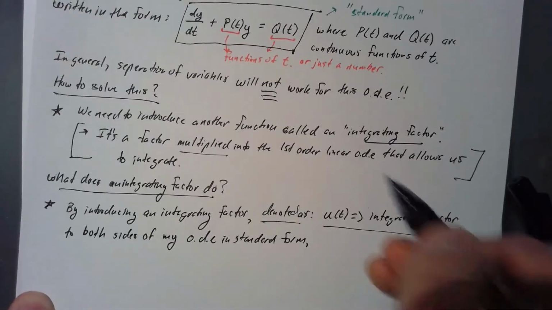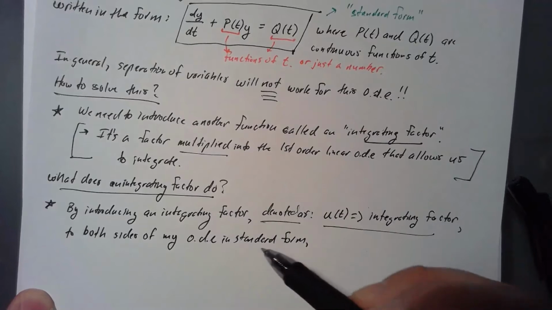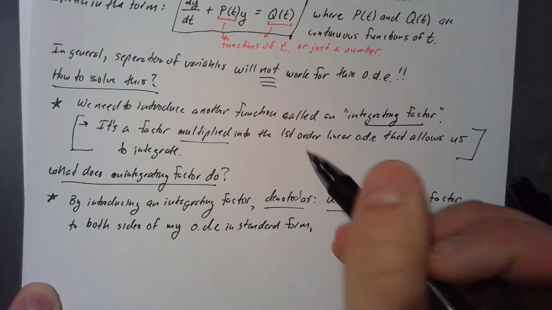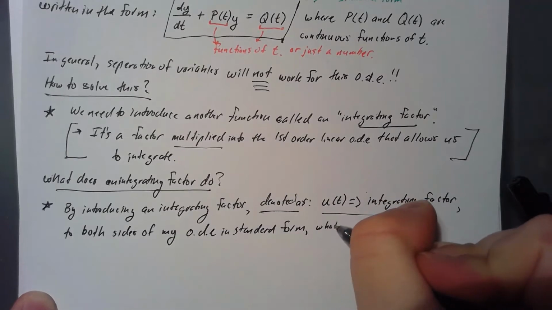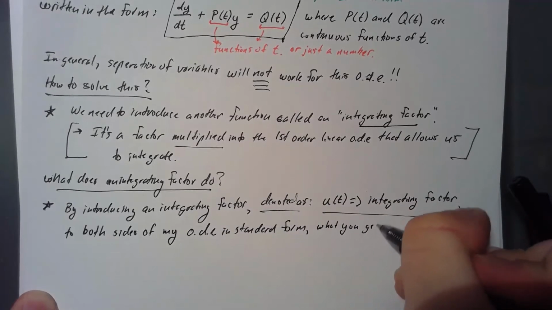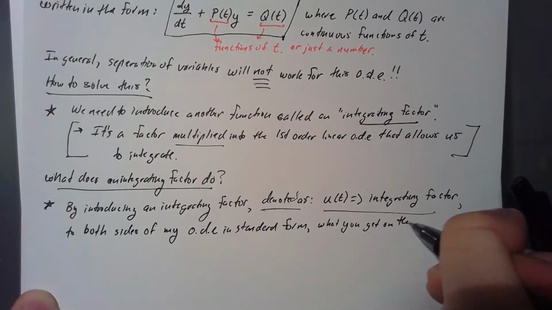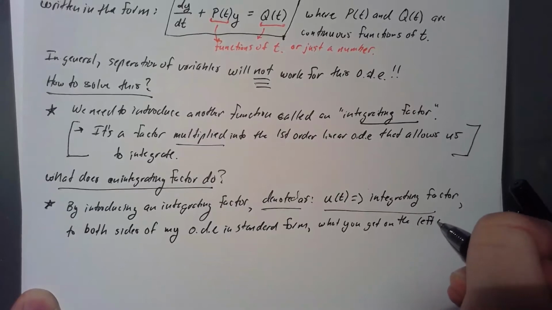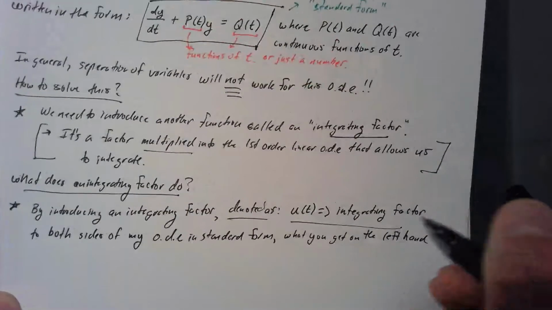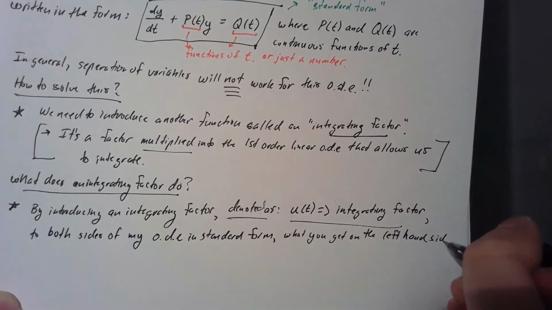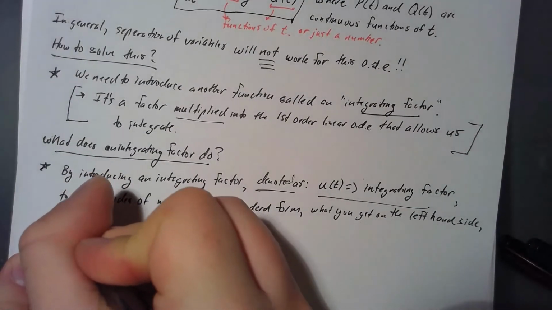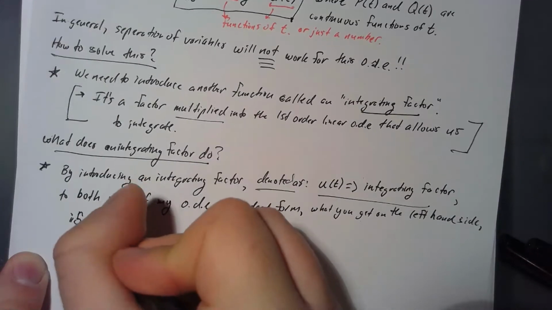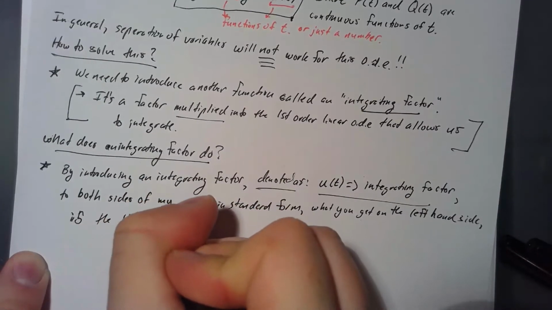So if I multiply this by both sides of the equation in standard form, that's important, what you get on the left hand side is the product rule.